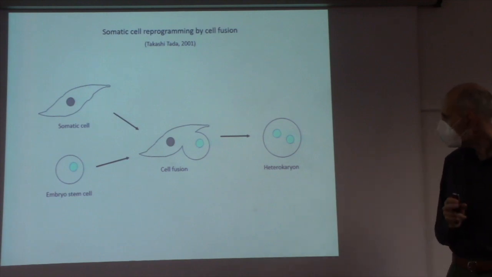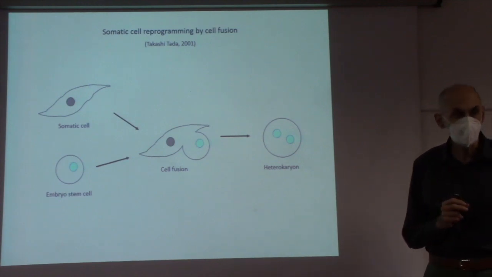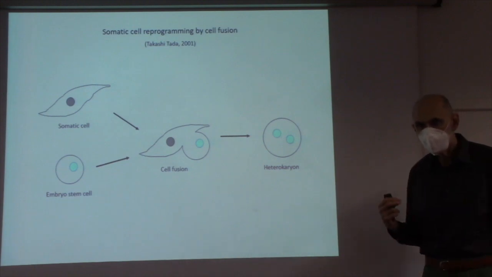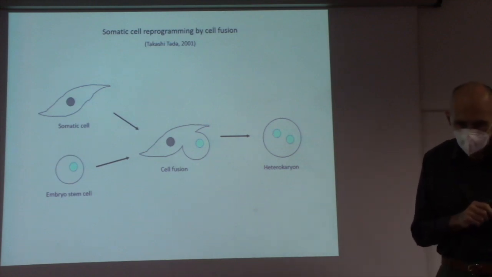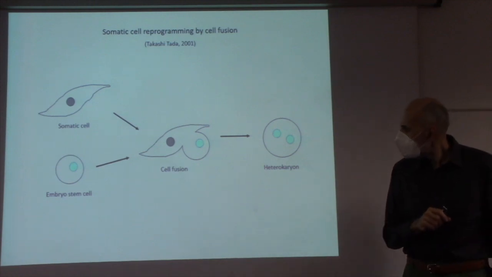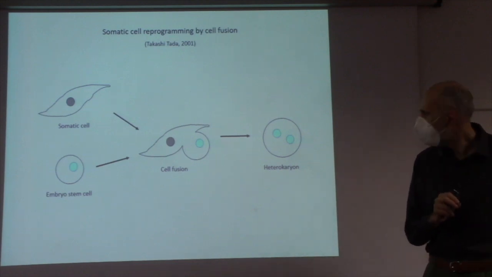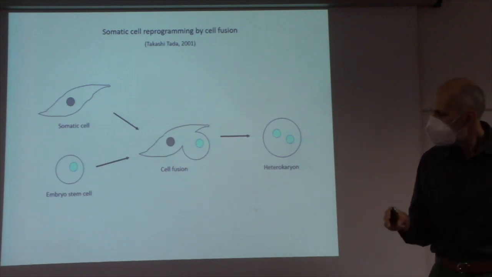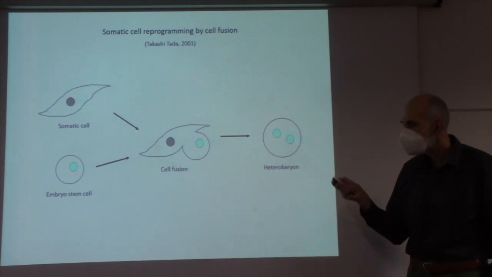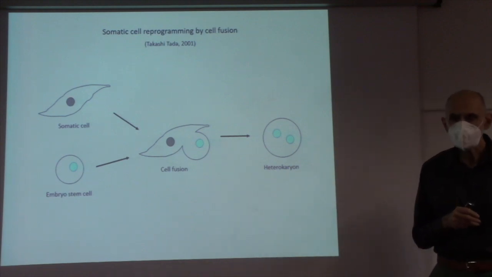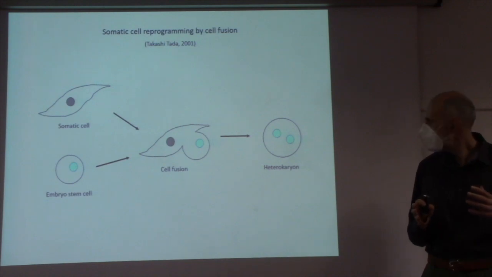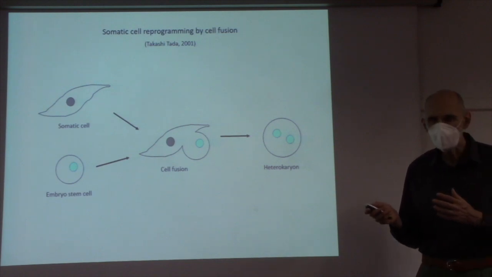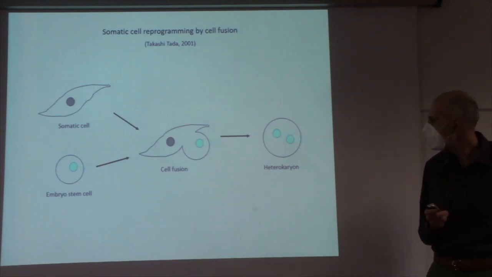So there was something that was capable of acting in trans from one nucleus and converting the other into a copy of itself. So both nuclear transplantation and cell fusion were sort of holistic techniques that in some magical ways were able to modify the destiny of nuclei or even of cells of whole animals.